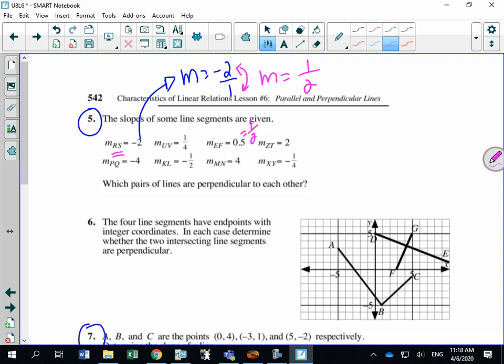So RS and EF are perpendicular to one another, right? Figure out this guy, UV. So 1/4. Perpendicular to this would be -4/1. So this would be perpendicular to this, right?